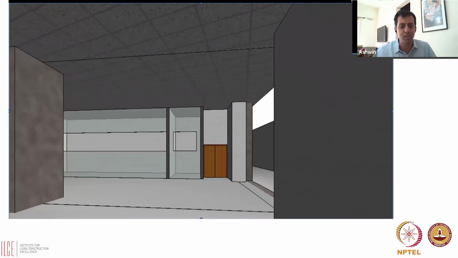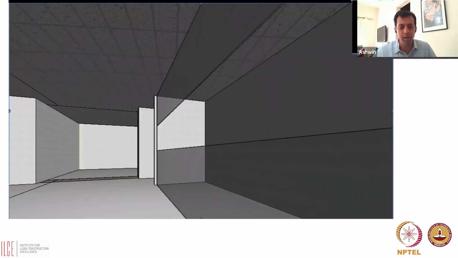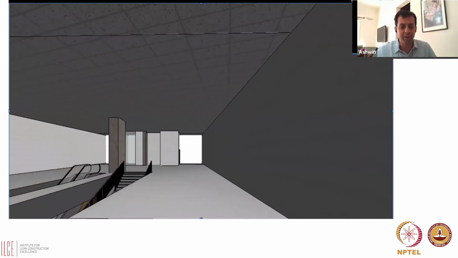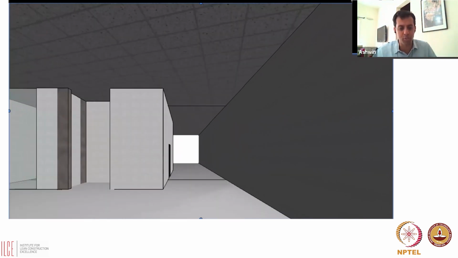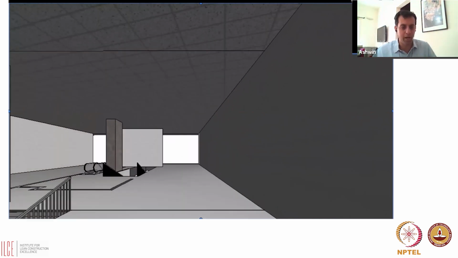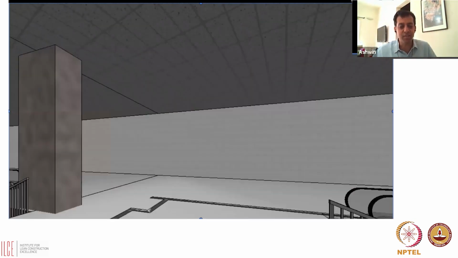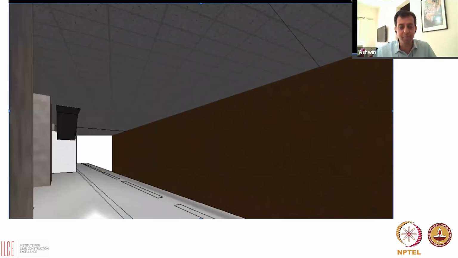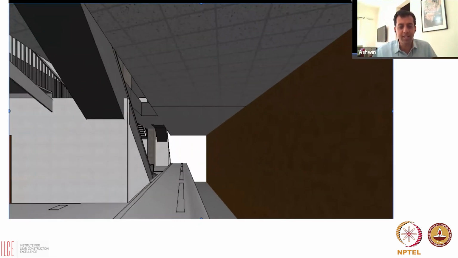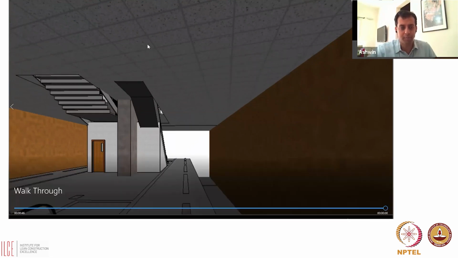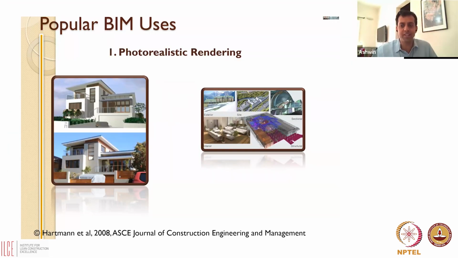You can create different kinds of walkthroughs and play them to determine whether the asset that you've built meets your specifications or not, or whether any changes are required. These kinds of things do not require any computer graphics expertise. They're very simple interventions that can easily be undertaken once you have a building information model. So photorealistic rendering is one application of it.